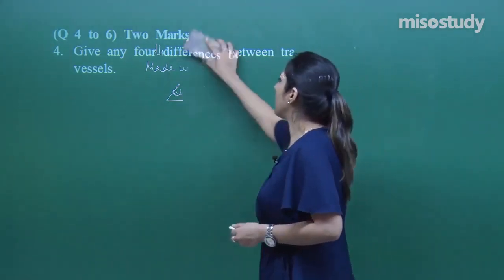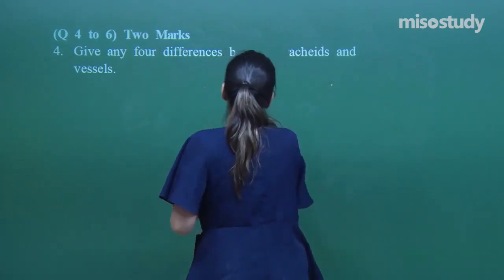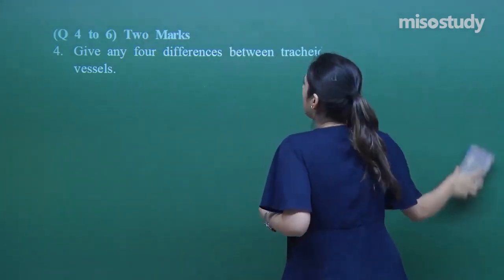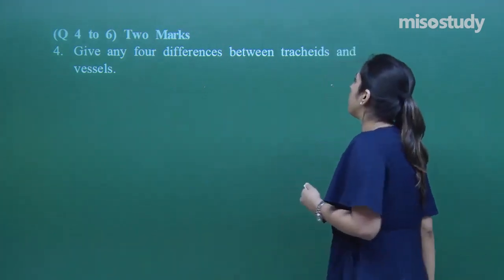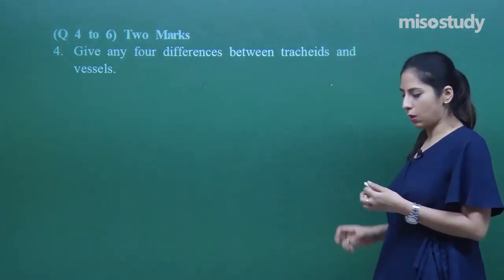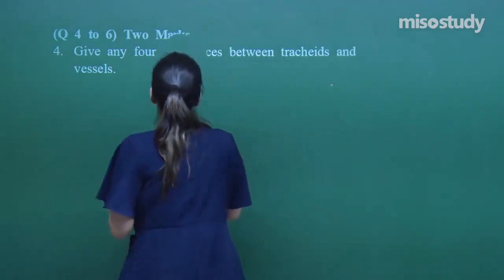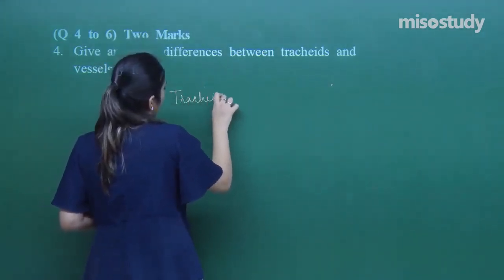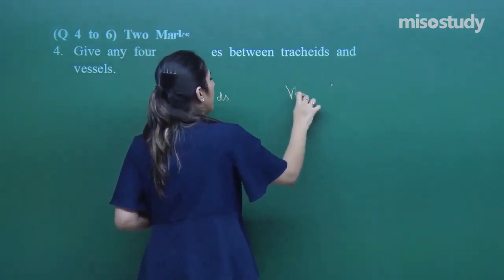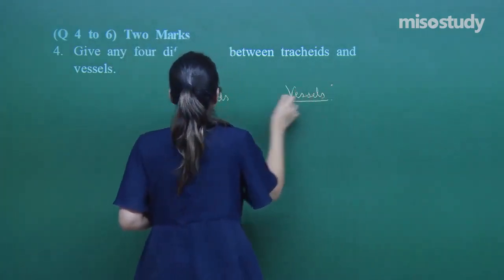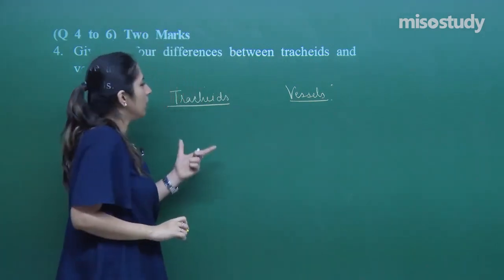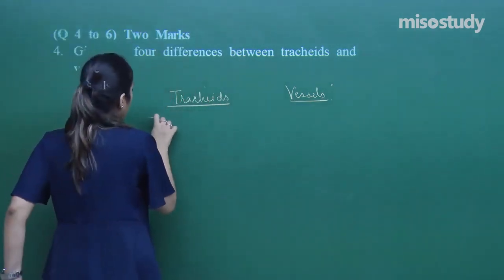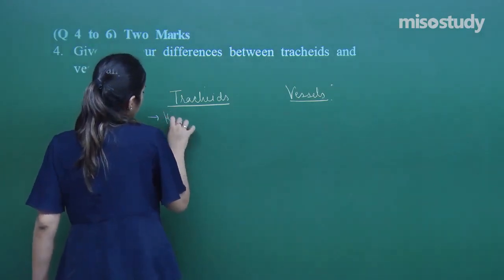This question is from the next category, that of 2 marks. So you have to explain the same in a bit of detail. Give any 4 differences between tracheids and vessels. Now let's write about tracheids, and second, we will explain the vessels. First of all, tracheids are unicellular, made up of a single cell.